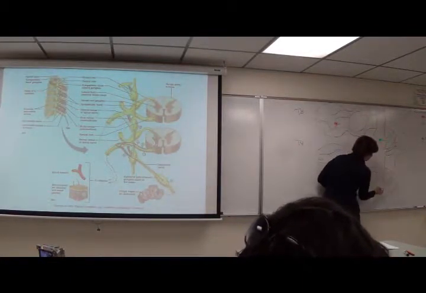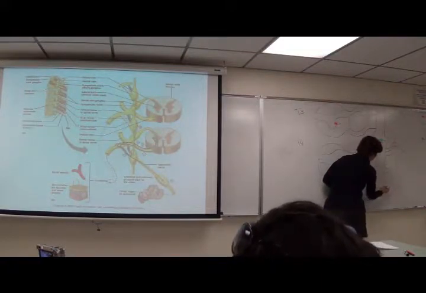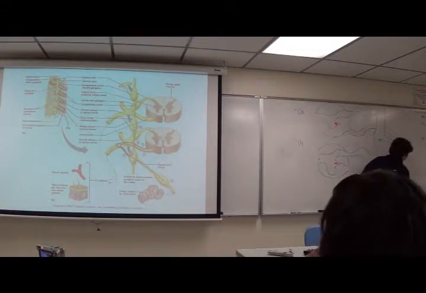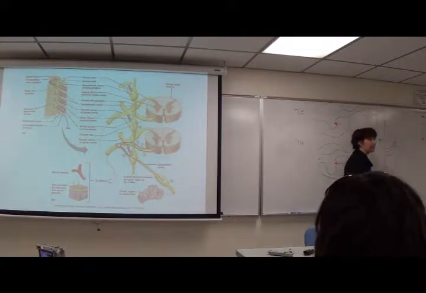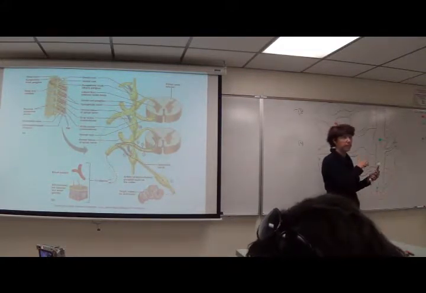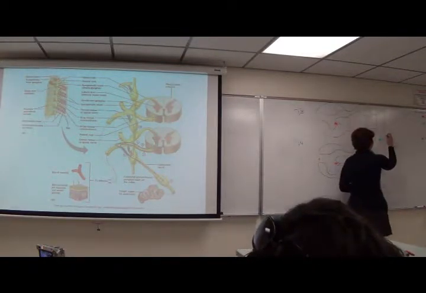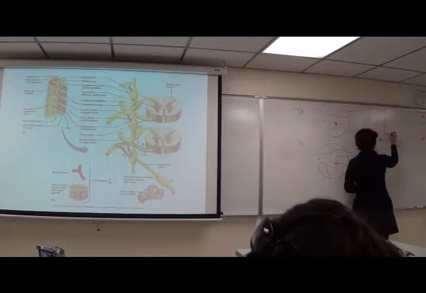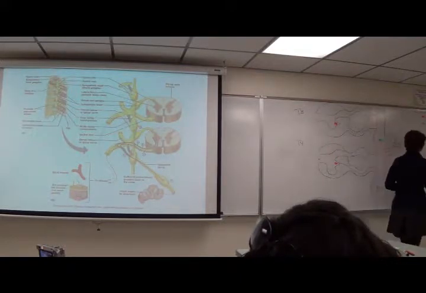Same here. Postganglionic neurons go out to the skin. So because these are not myelinated, then this branch is known as, big surprise, gray rami communicantes. Or gray ramus, plural, singular.